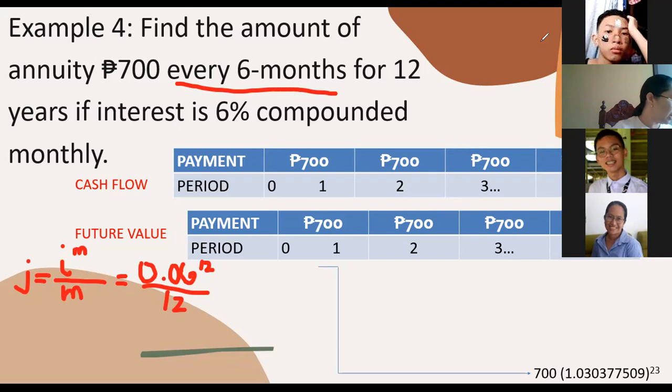So, kailangan natin i-compute yung I. Magiging 1.06 raised to the 12th power. Okay. Anong ginawa natin dyan? Nalimutan ko ang ginawa.